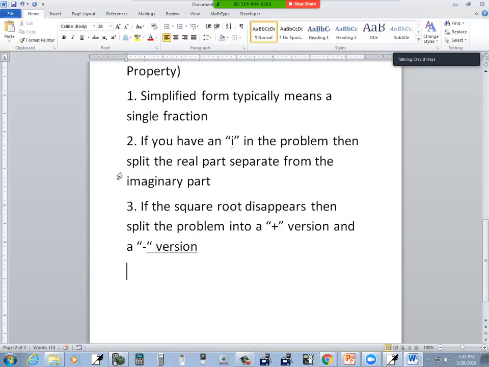And then there's one last one. It says use the 3-number rule if possible. The 3-number rule appears a lot when you're using the quadratic formula, though it can appear other times.